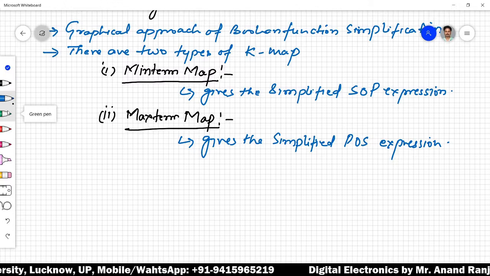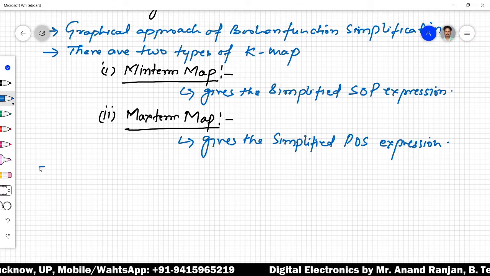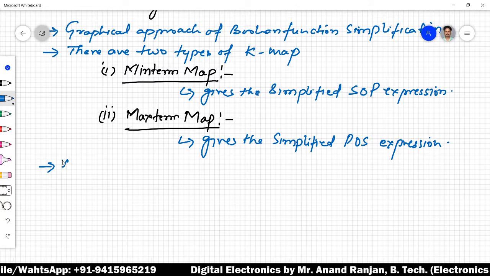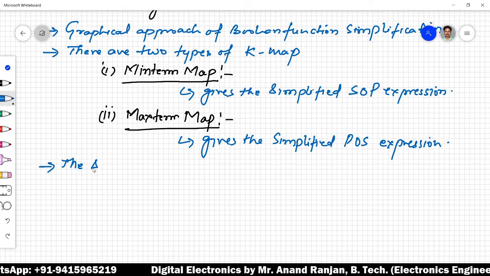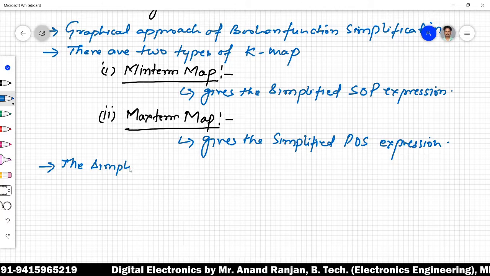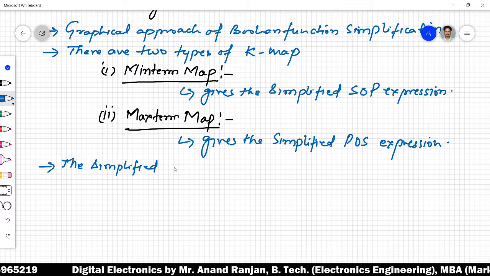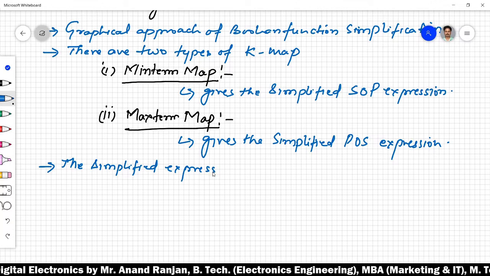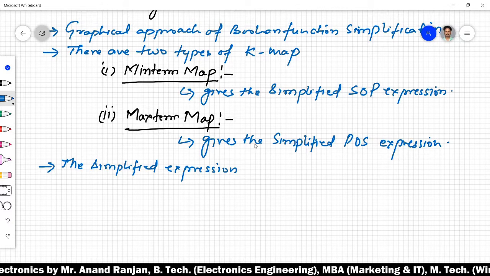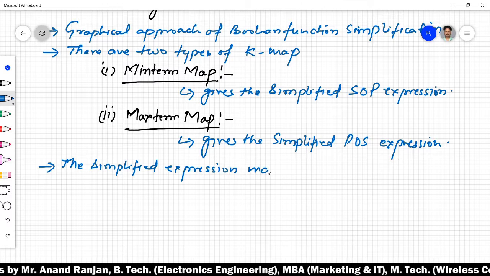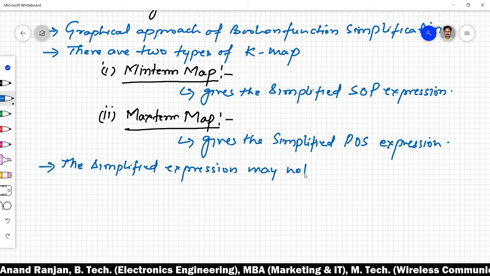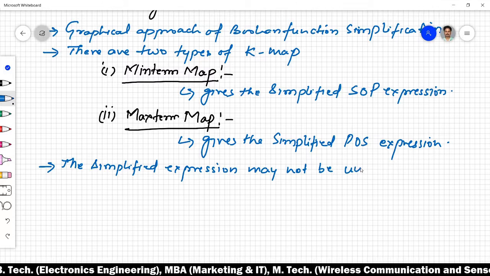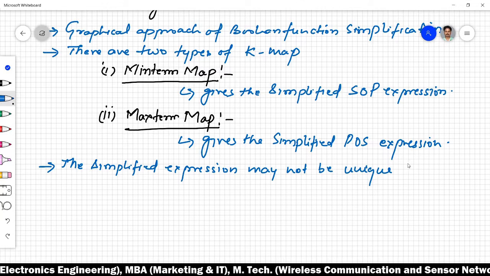So you can write this important note regarding the Karnaugh map: the simplified expression may not be unique.